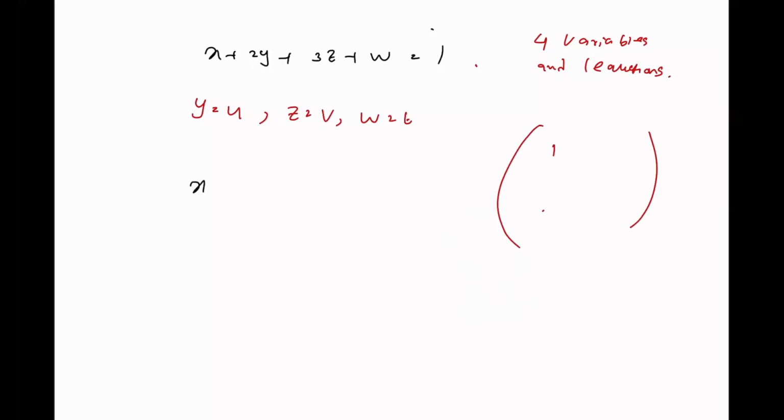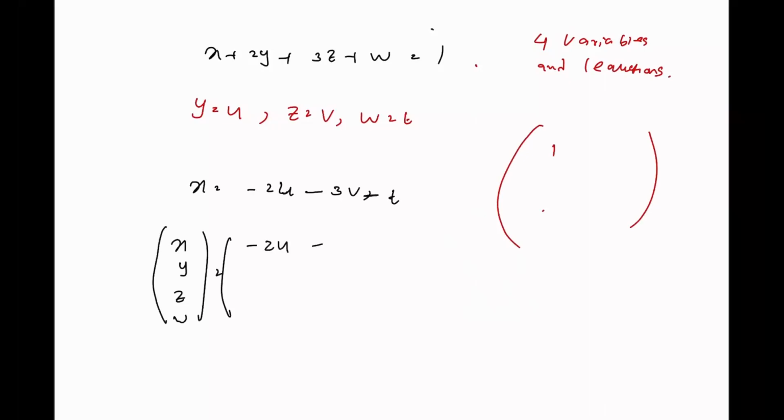Then you will get x equals minus 2u minus 3v minus t. Then you can write your solution x, y, z, w as minus 2u minus 3v minus t, u, v, t.